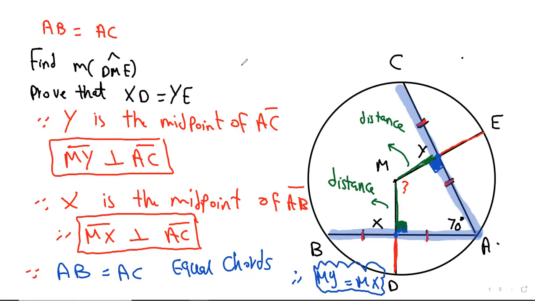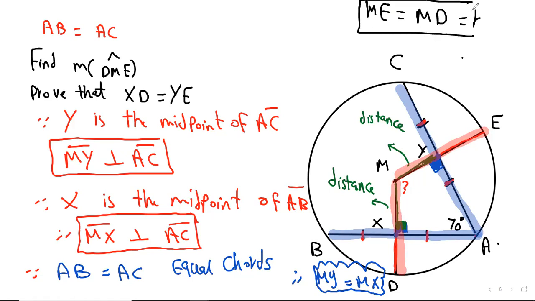And here it's a radius. ME is a radius and MD is a radius. So because they are two radii in the circle, they are equal in length. So right here, you write ME equals MD equals R. Okay, then subtract.